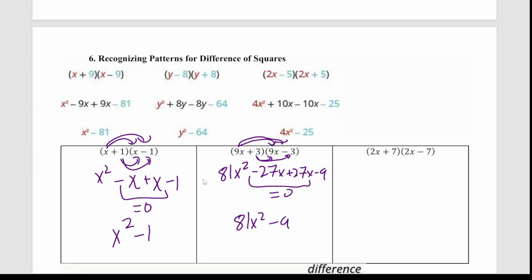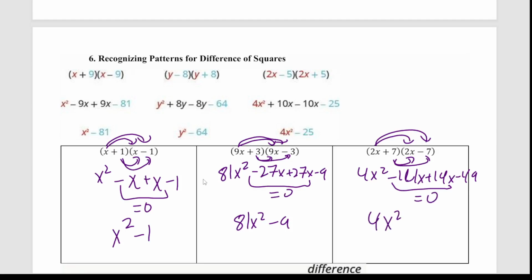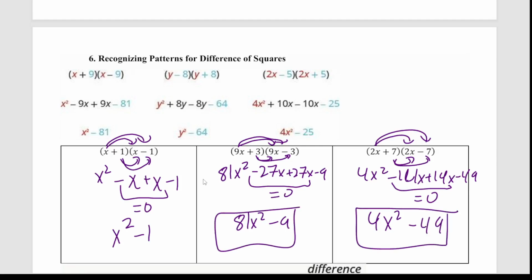And then last but not least here, you do 2x times 2x would give us 4x squared. 2x times negative 7 is minus 14x. 7 times 2x becomes positive 14x. And 7 times negative 7 gives us negative 49. Negative 14x plus positive 14x makes 0. And I'm left with positive 4x squared minus 49 as that final answer.